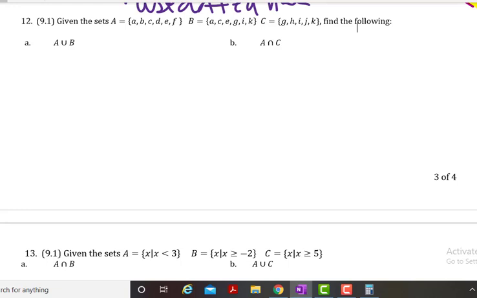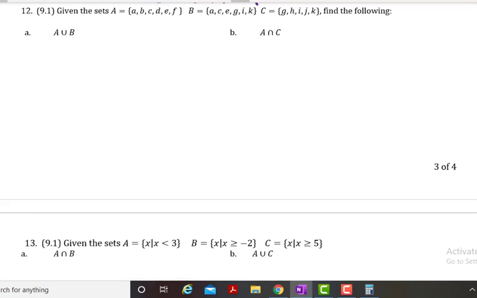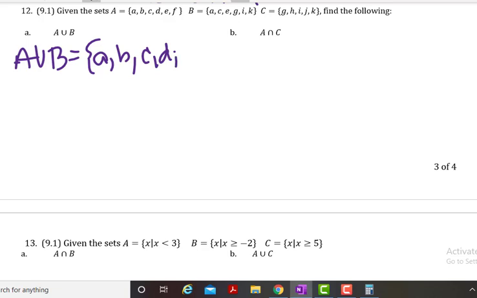First, A union B. Well, A union B is equal to all the elements, but we write each element once. Just everything that is in A included with everything that is in B. So they both have A. B is in A. C, D, E, F. Now that's everything that's in A. Now write also everything that's in B that hasn't already been written.